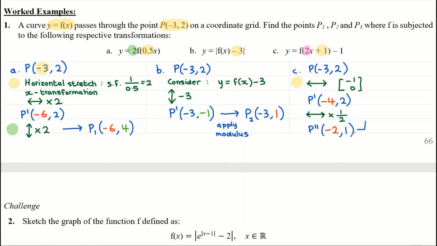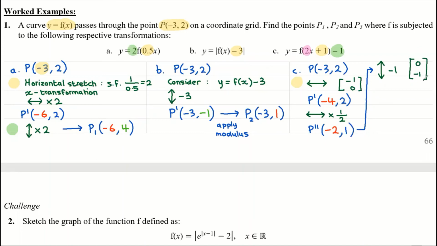Okay, so moving up here. What do we do next? Well, we've now got the -1 on the outside, so that's affecting the y direction. So just make a note of that. It's going in the y direction, so it's in this direction here, up and down, and I have to subtract 1. So in other words, I'm just going to apply the vector 0, -1.